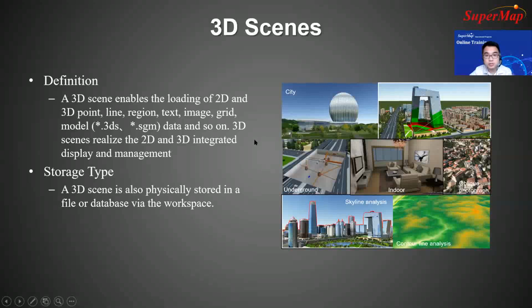In the 3D scenes we can see all the 3D models, also some different formats of the model. But today we will mainly focus on the mapping and 2D. And if you want to know more about 3D, next time we will show more functions about 3D.